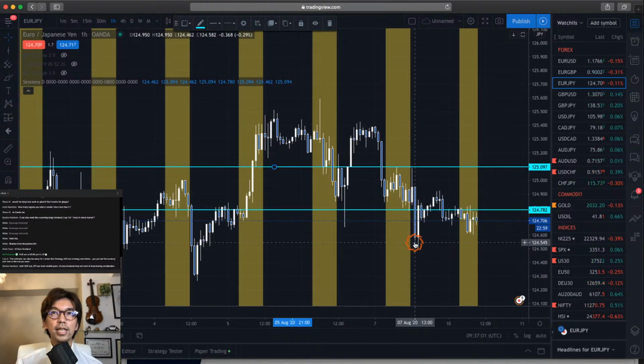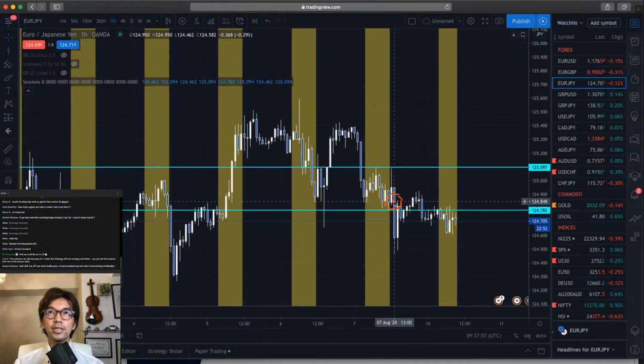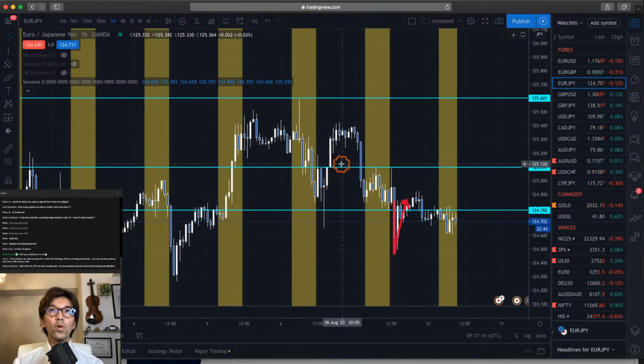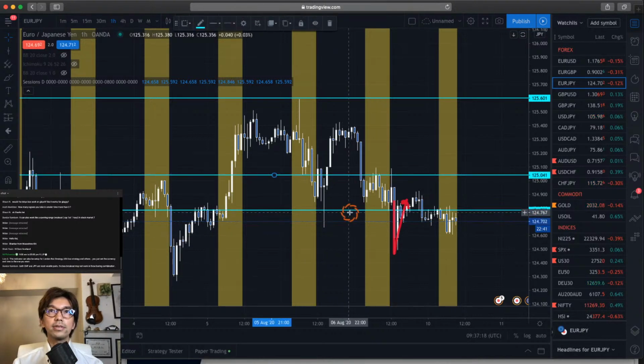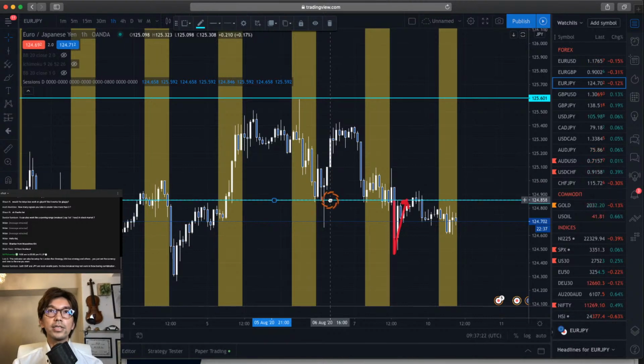It shot downwards and then it went upwards. So maybe you get break even or some small loss on this one. In the previous day, the highest price was here, and the lowest price was right here.